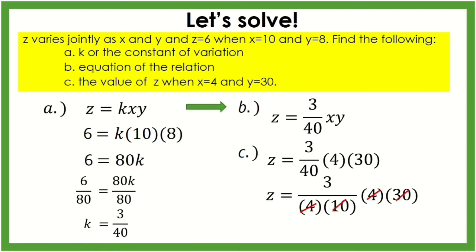And then, 30 divided by 10 is equal to 3. Ang naiwan na lang ay 3 and 3. Multiply, we have 9. So, that is the value of z. Z is equal to 9 when x equals 4 and y equals 30.